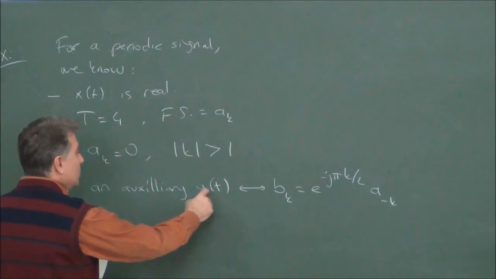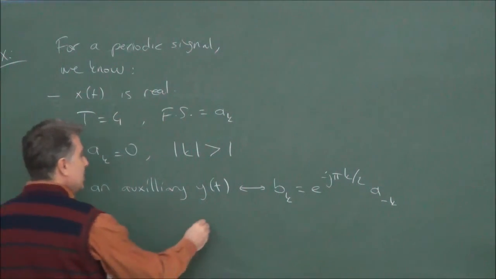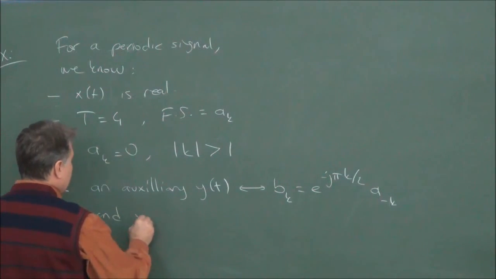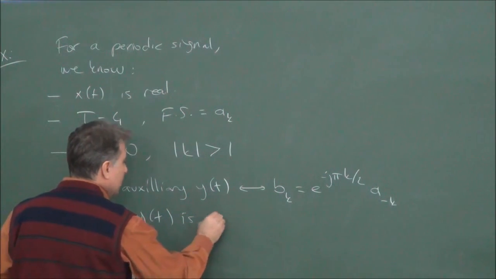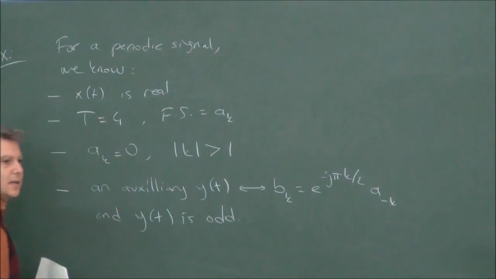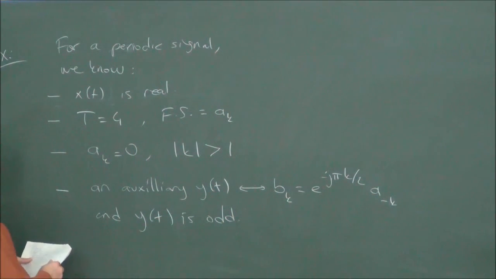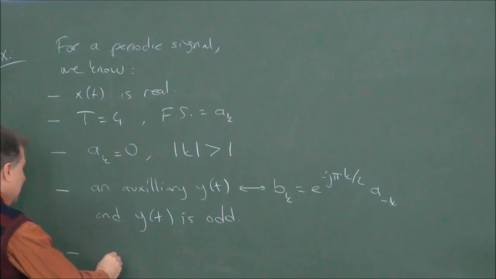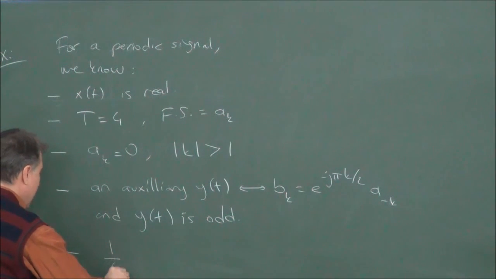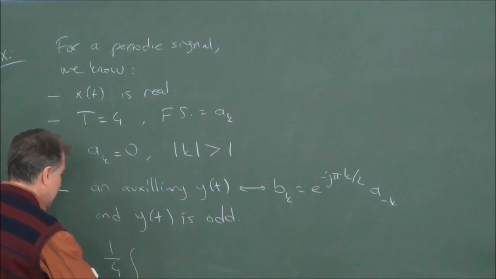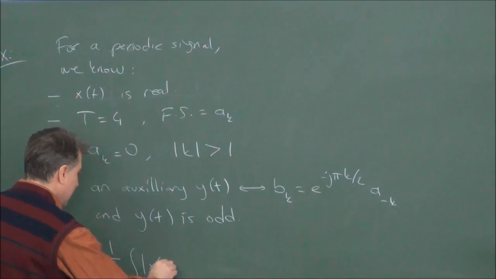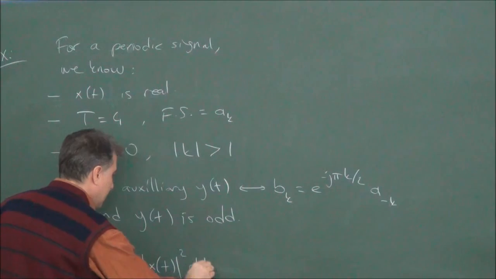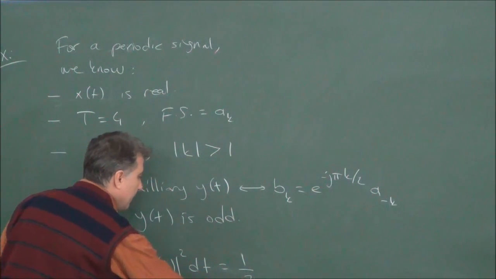And we don't really observe y of t, but we say that y of t is an odd signal. We observe it to be an odd signal, not an even signal. And finally, we see that the average power of this signal is equal to 1 over 2.